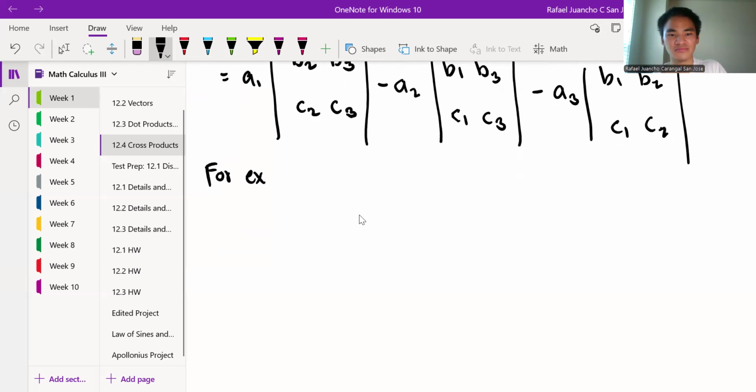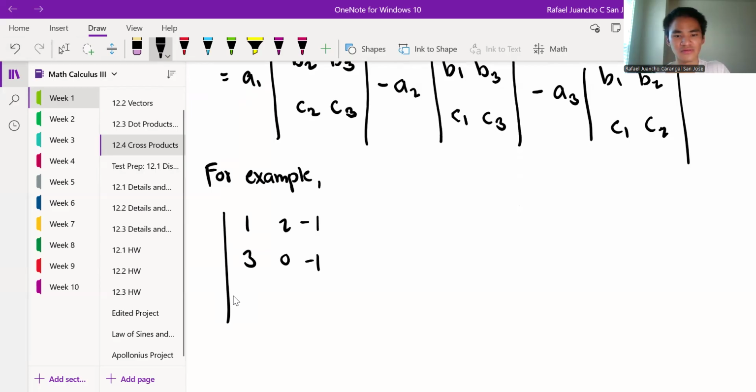All right, so we're gonna do an example where we solve these determinants. So for example, we have this determinant. So we have 1, 2, -1, 3, 0, -1. Oops, I meant 1. Sorry. And then we have -5, 4, 2.